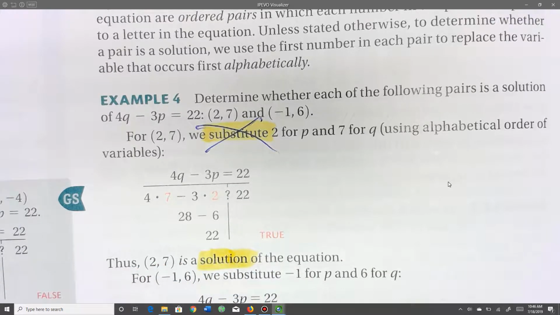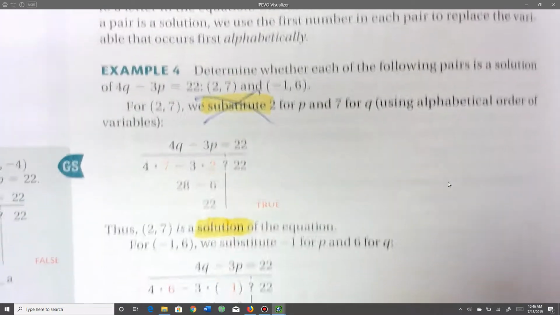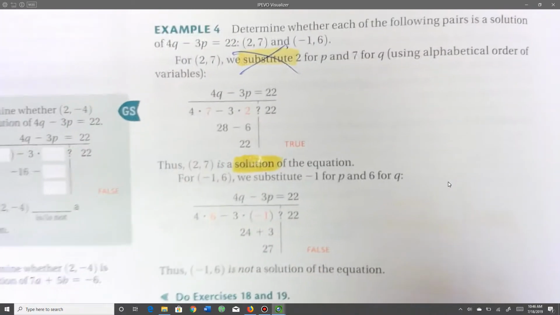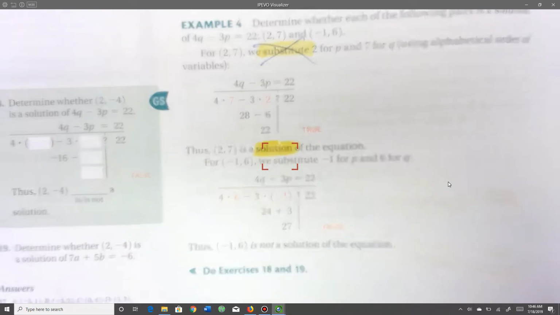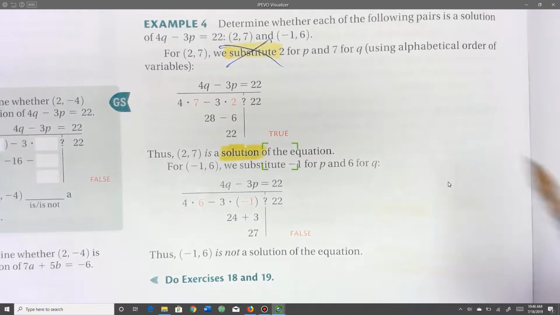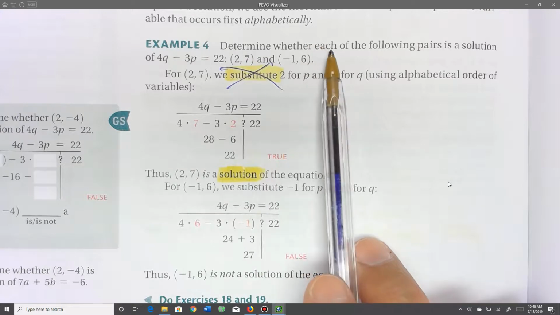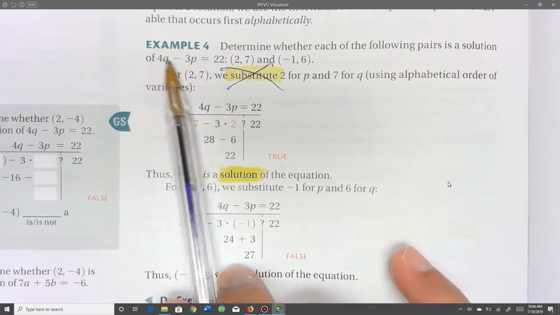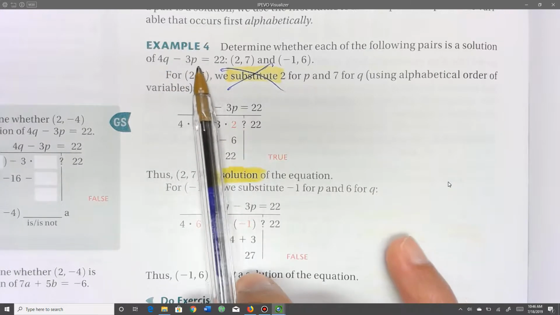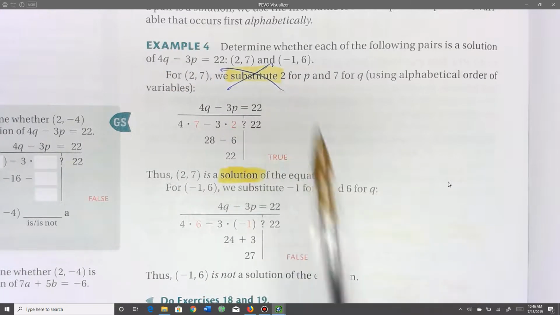Memorize that, and in that way you know what they're talking about when they ask you questions like this. Determine whether each of the following pairs is a solution of 4Q minus 3P equals 22.